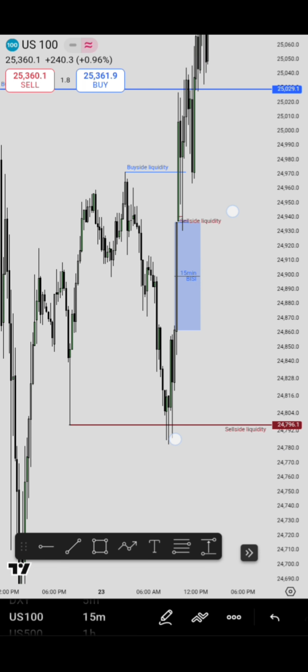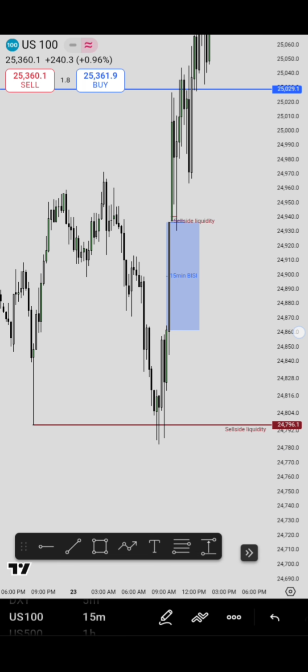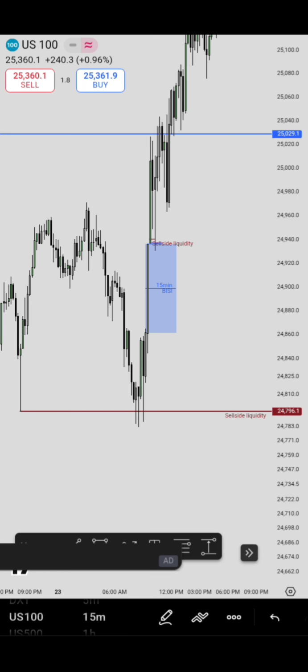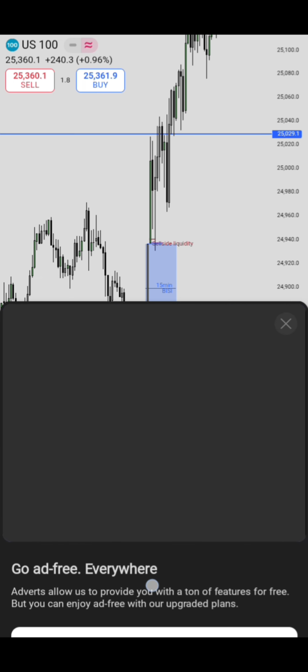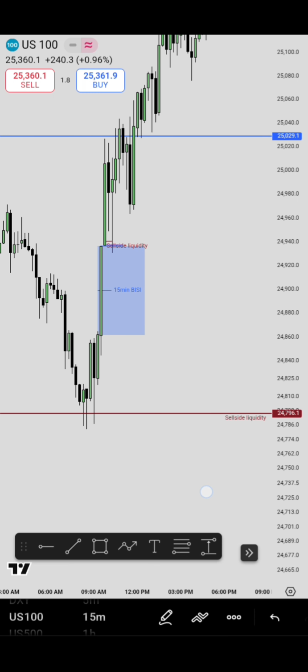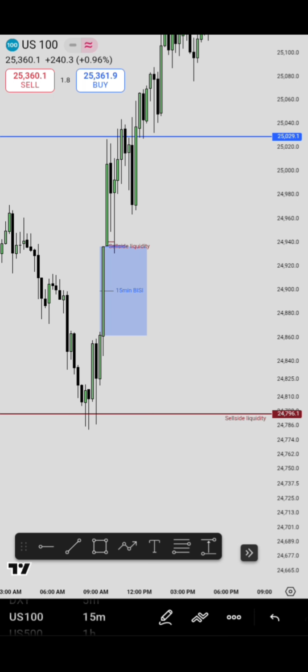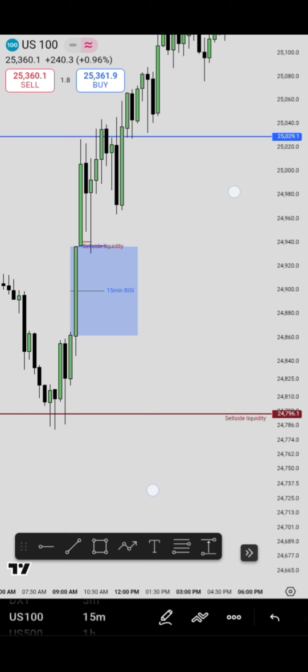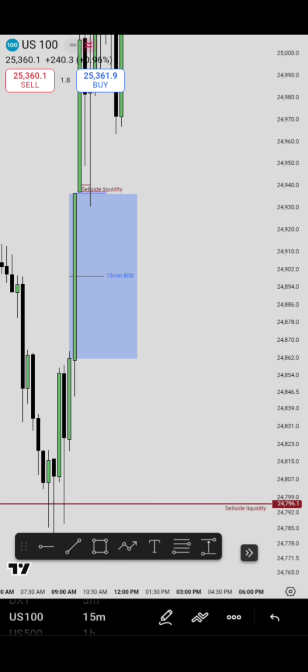So what happened was I came back to the chart, and look at how we formed this 15 minutes FVG, buy side imbalance, sell side inefficiency, a fair value gap. See how we wicked inside of it.